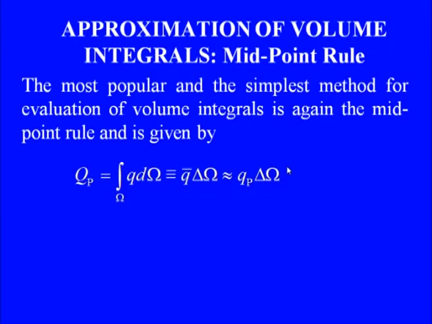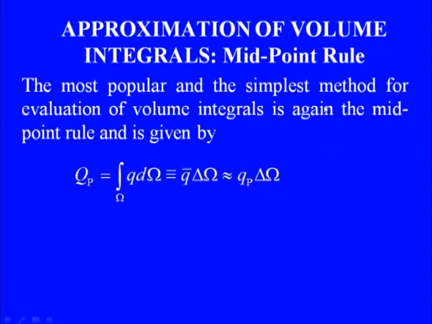Next is approximation of volume integrals, because there were 2 integrals in our conservation rule which involved volume integrals. So, the most popular and the simplest method of evaluation of volume integrals is again our midpoint rule, that is, take the value at the centroid, multiply that by the volume, and that gives us the approximate value of the integral.